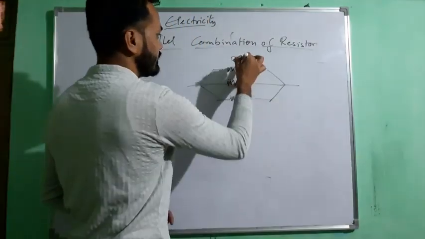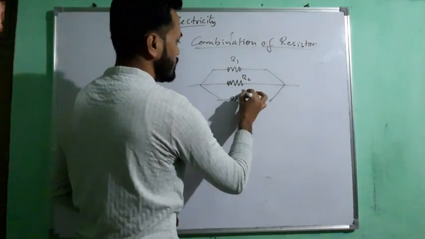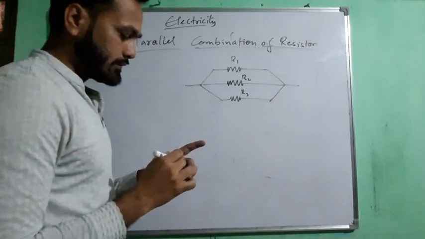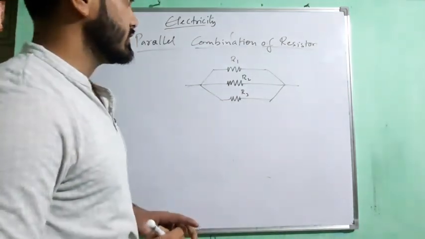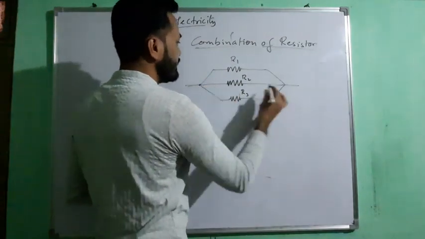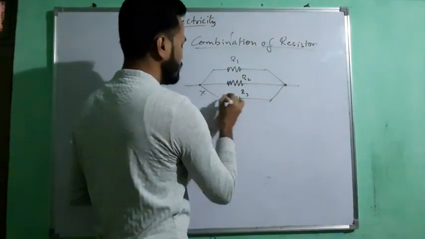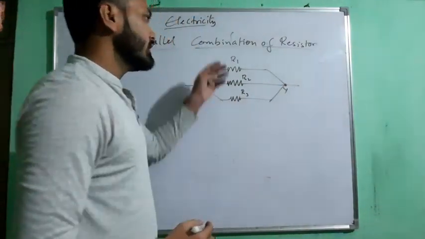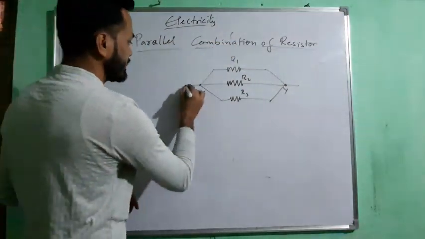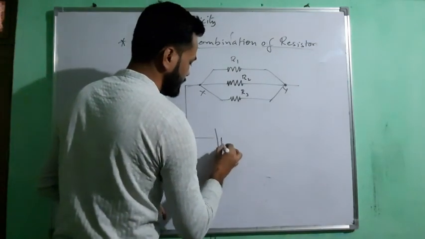I will name them R1, R2, R3. Now what is a parallel combination of resistors? When a number of resistors are connected between 2 points, they are said to be connected in parallel. That's it. Now I will complete the circuit here.